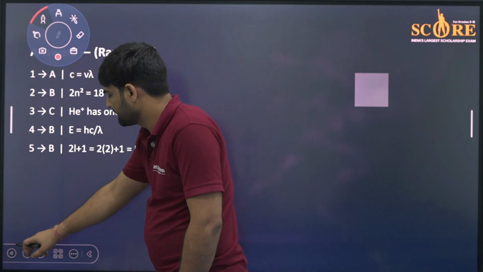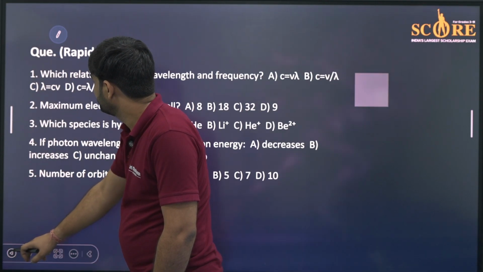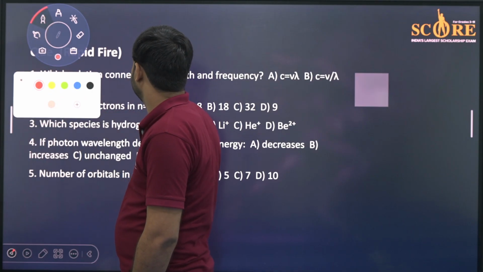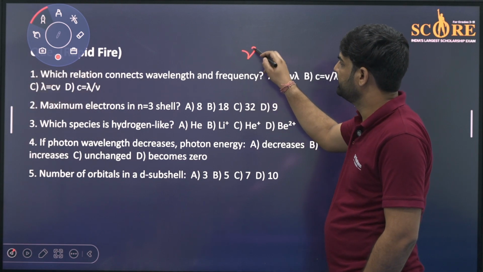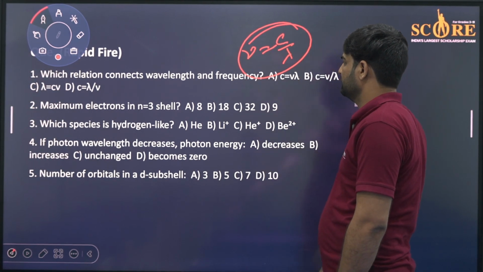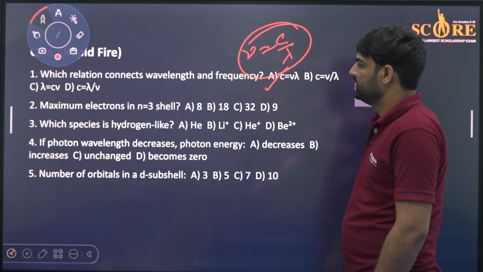Which relations are true according to wavelength and frequency? Then this is nu equals c by lambda. So you can say c equals nu lambda. This is correct.